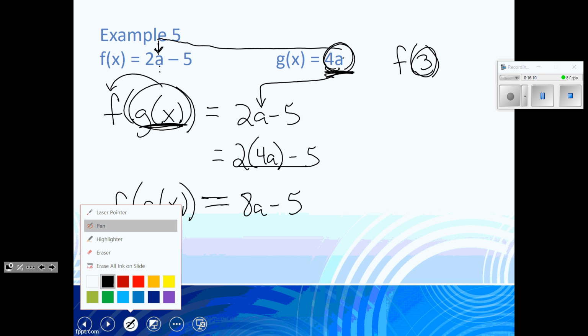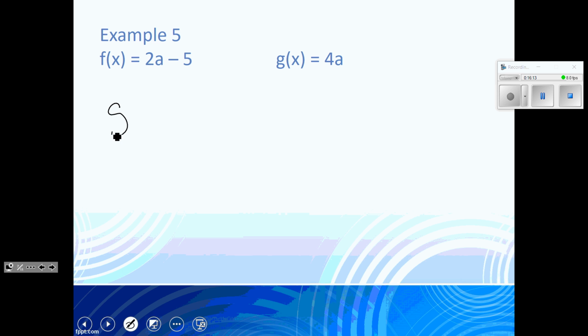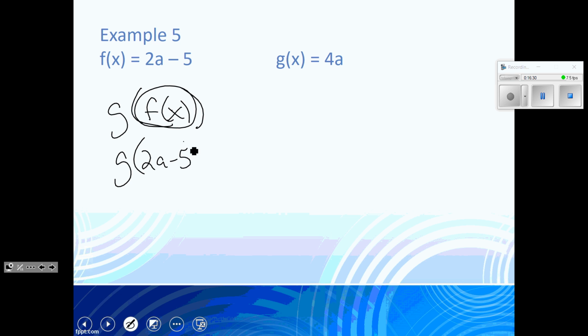If I reversed that, let's find g of f of x. So what's my input this time? What am I plugging in? Right, the 2a minus 5. Very good. And if you wanted to, you could replace the f of x with 2a minus 5. This is your input. You are going to be plugging in 2a minus 5 into the g function.